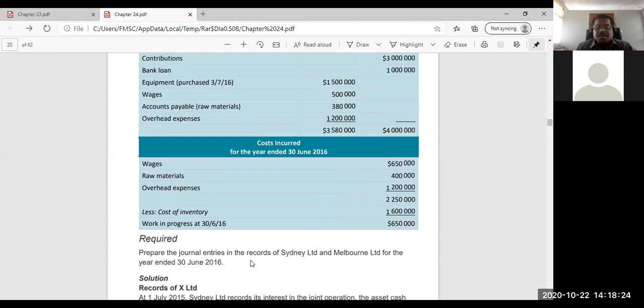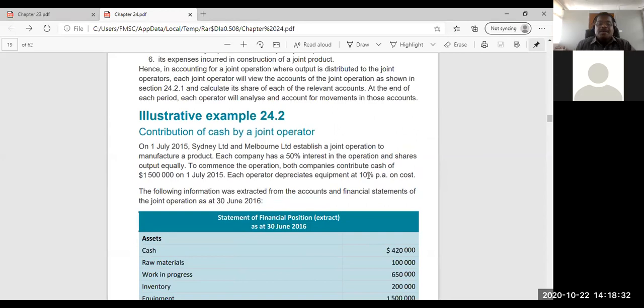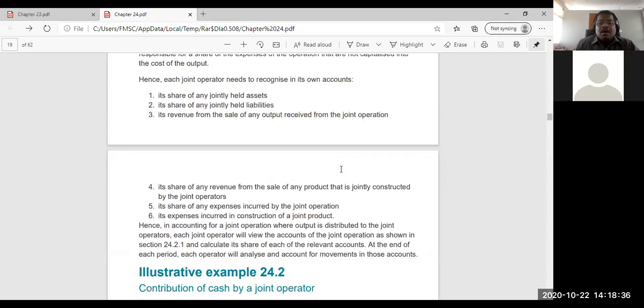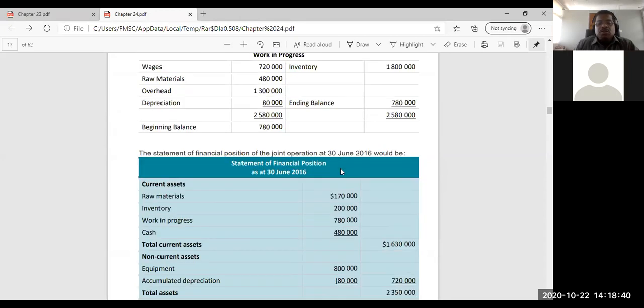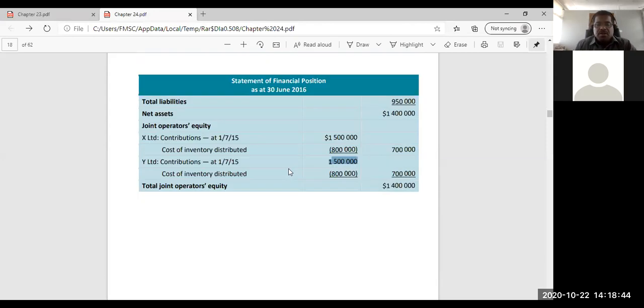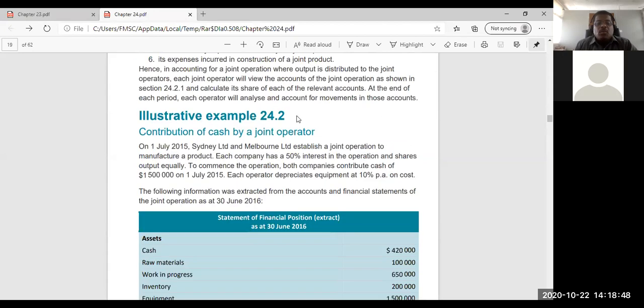Prepare the journal entries in the records of Sydney Limited and Melbourne Limited for the year ended 30th. Now you have to remember, this is for the 30th June statement of financial position for the above question, right? Now this is basically 24.2.